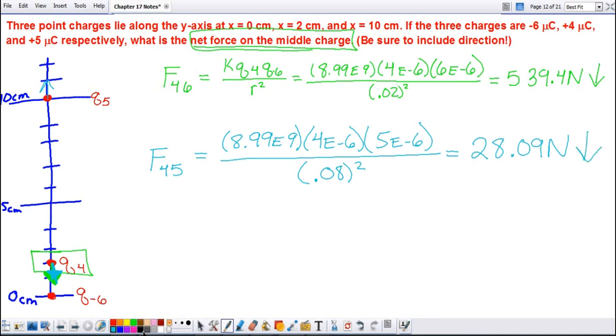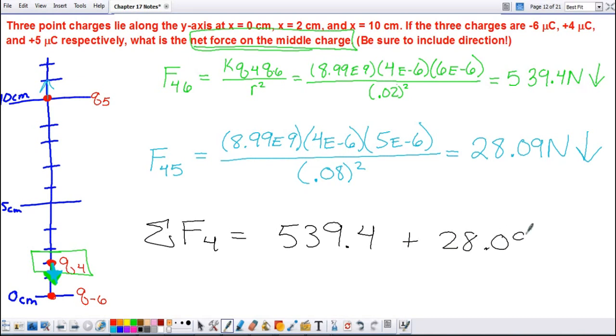And now we're ready to find the net force. So the net force on charge 4 is going to be 539.4 newtons downward plus 28.09 newtons downward. And now here's where we can put the negatives in if we want. They're the same direction, so we can just add them, but they're both downward, so we could make them negative as well.